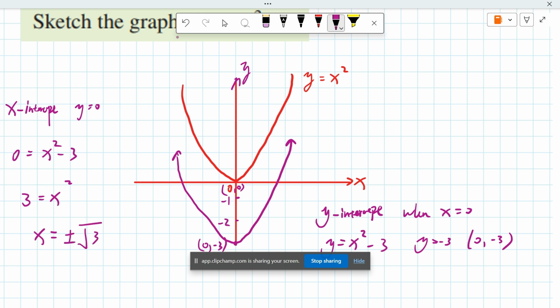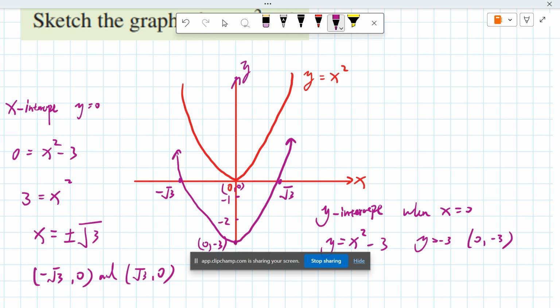Hopefully that makes sense, because you take the square root of both sides, and remember the negative root 3 squared is still equal to 3 as well. So we have 2 x-intercepts, which are negative root 3, 0 and root 3, 0. Those are the coordinates you remember.